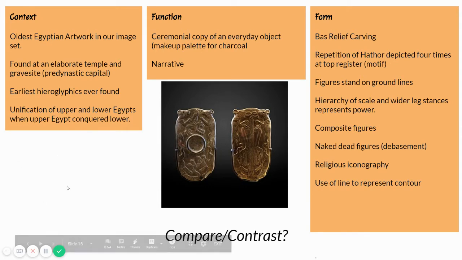And this right below is an example of a palette that was used as an everyday object. On one side, you have some decorative carving, but on the other side here, you have this circular inset, which acted like, if you can picture an eyeshadow palette or a blush palette.